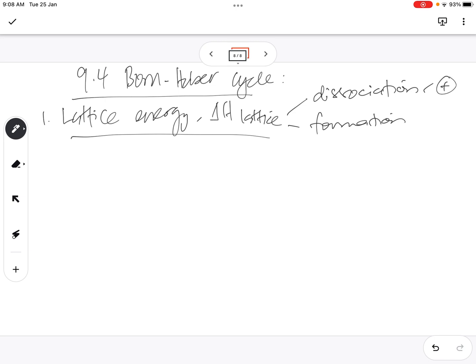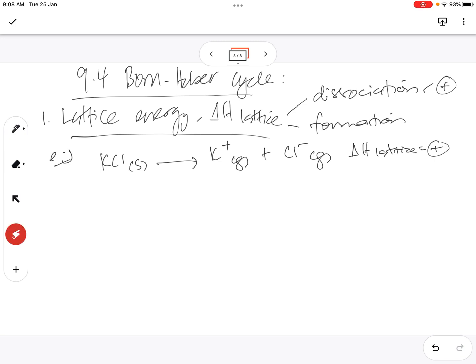Heat absorbed to completely separate 1 mole of solid ionic compound into gaseous ions. For example, potassium chloride solid, we want to separate into gaseous ions, that is anion and cation. This is known as the lattice. Notice, we break the solid into gaseous ions, that is lattice dissociation and it is endothermic.